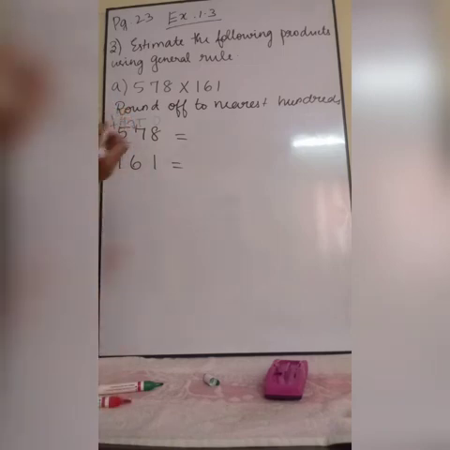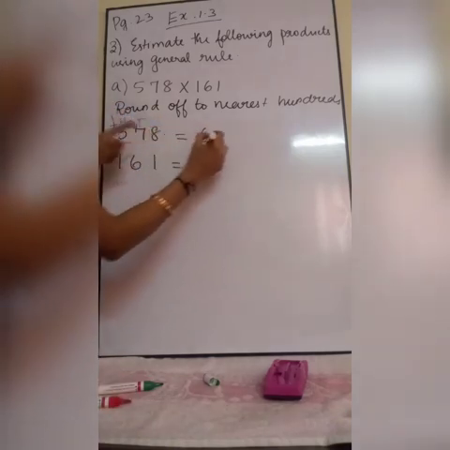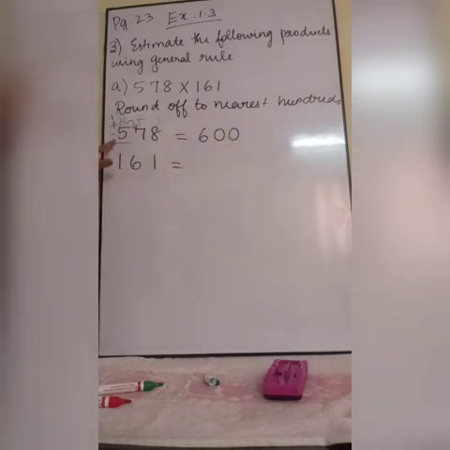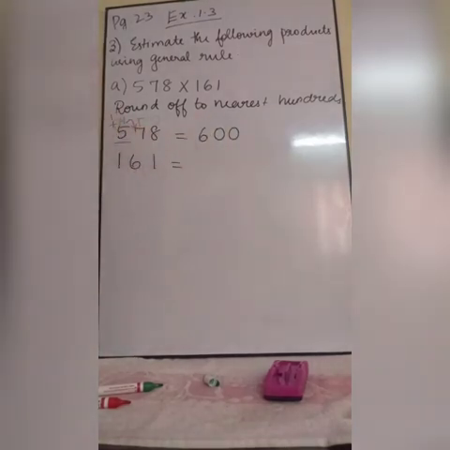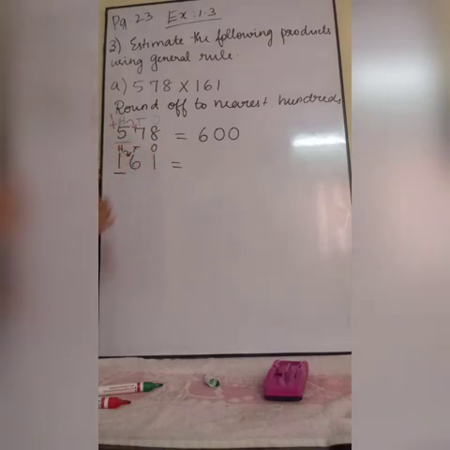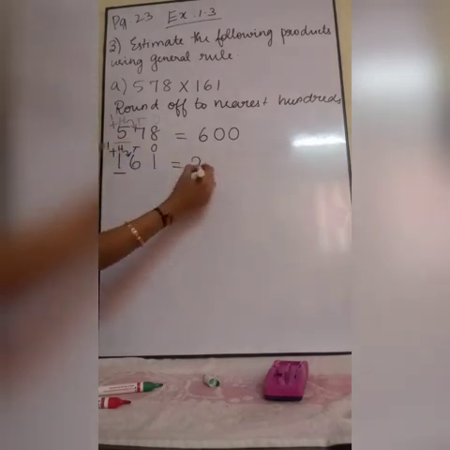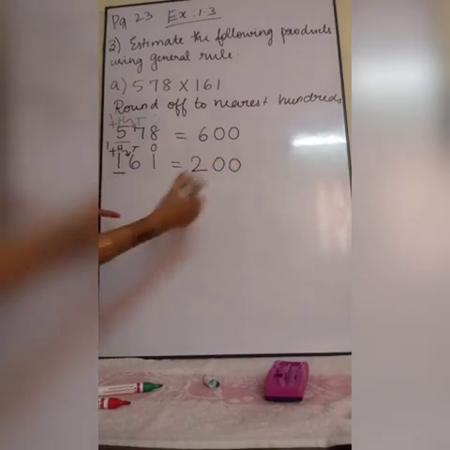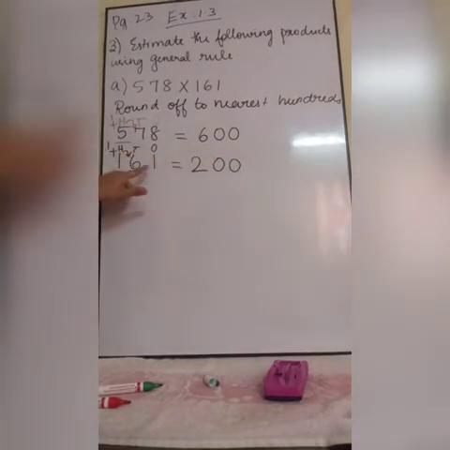So 5 plus 1, 6, 0, 0. Clear? Now, ones, tens, hundreds. Which are you going to round off? Hundreds. So you will check tens place. Tens place is more than 5. So plus 1. So 1 plus 1, 2, 0, 0. Clear?